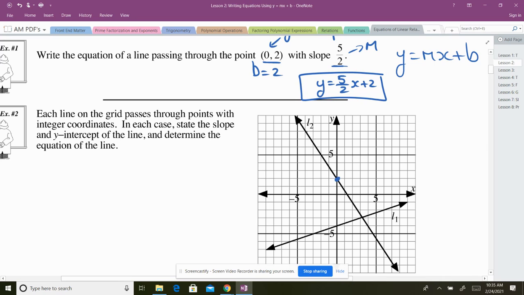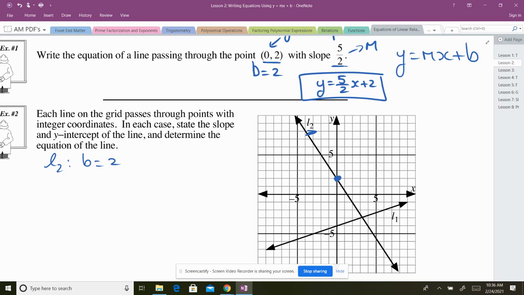So L2, we'll do L2 first. What's the y-intercept? Where does it pass through the y-axis? 0, 2. You need to say 2. Okay. My b value is 2. That's where it crosses. Now I have to figure out the slope. If you have a graph, how do you figure out slope?